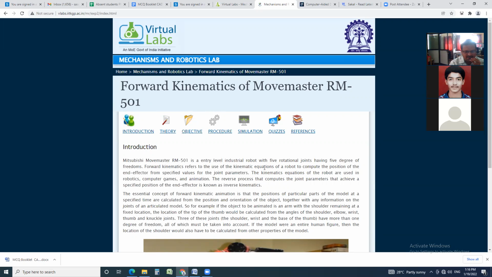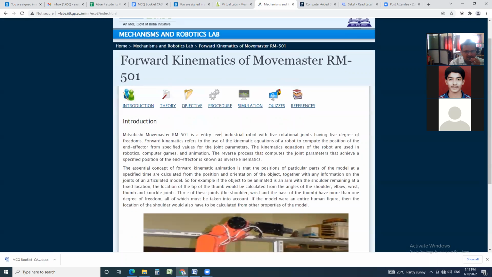Forward kinematics refers to the use of the kinematic equations of a robot to compute the position of the end effector from specified values for the joint parameters. The kinematics equations of the robot are used in robotics, computer games, and animation.